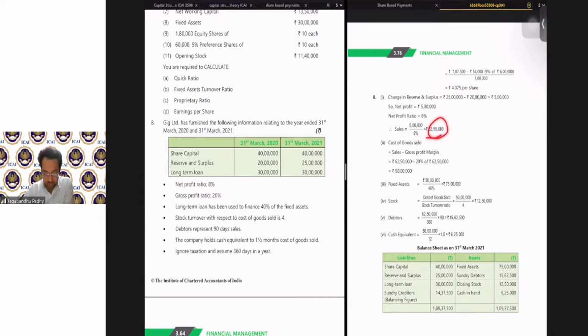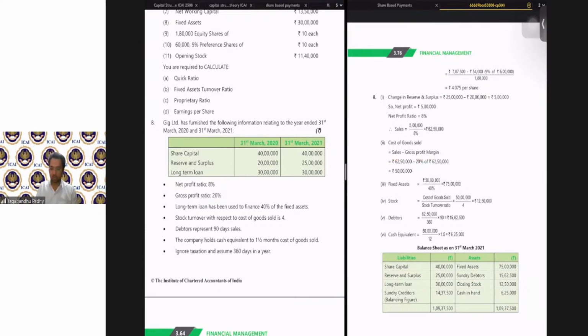Now, since we got the 62 lakh 50,000, we need to look at the gross profit ratio. Gross profit ratio is 20%. So if GP ratio is 20%, we know gross profit percentage is GP upon sales. Similarly, cost of goods sold we can get as sales minus gross profit.